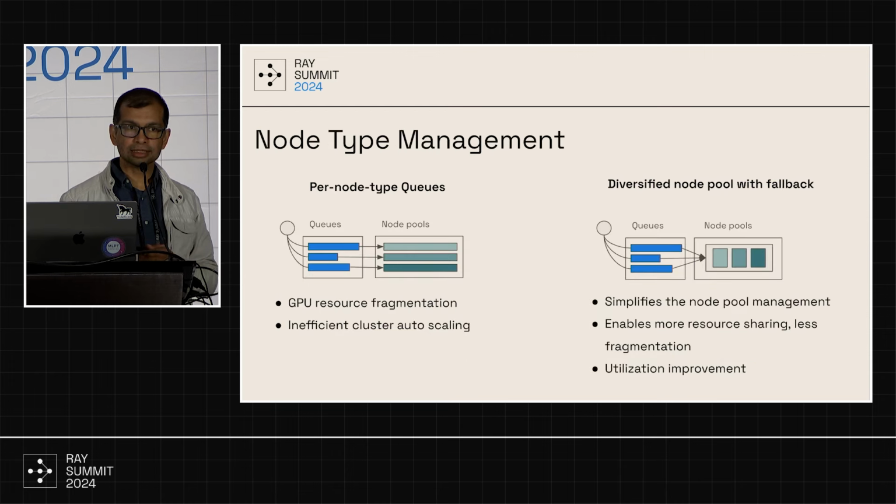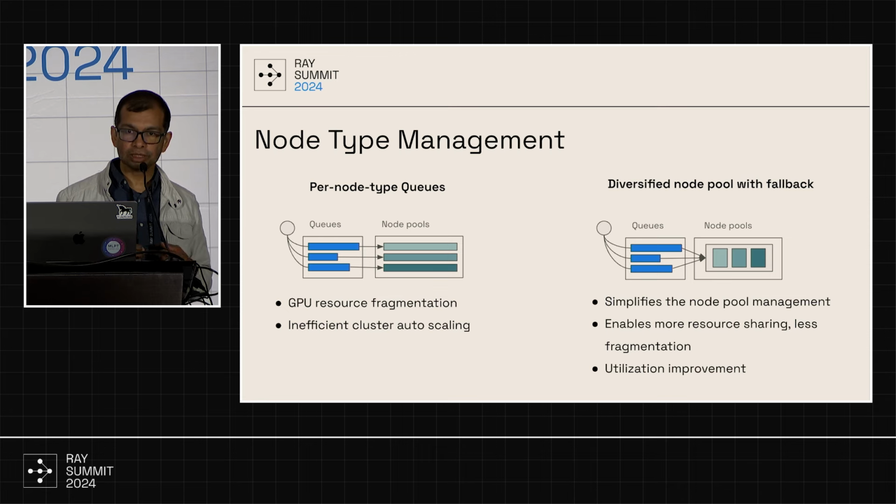One intermediate step that we took on the way to figuring out how to optimize GPU use cases and how to allow users to provide the correct nodes or machines they need is to come up with node-specific queues and node-specific clusters. And that didn't work out well. It ended up with even more fragmentation and lower utilization than we had before that.